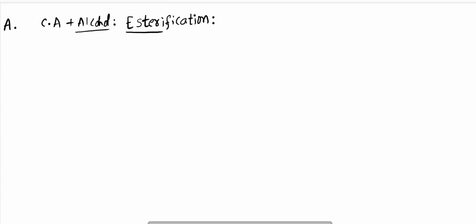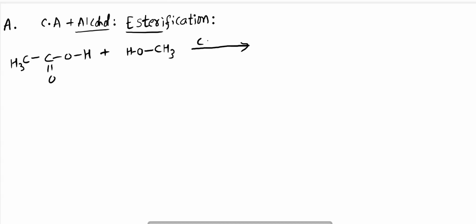Now let's see this. In this case, I am going to take a simple carboxylic acid. I am going to add a simple alcohol, CH3OH. These two react in the presence of concentrated H2SO4.